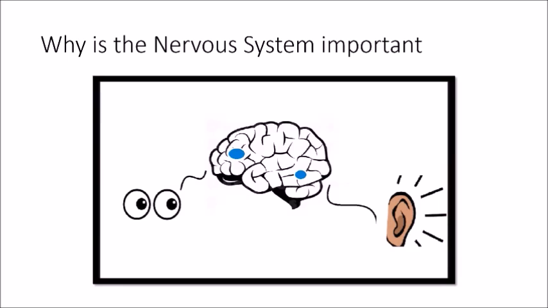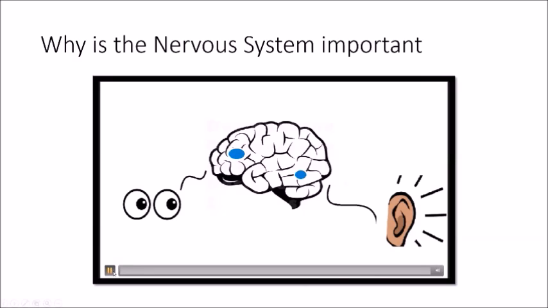It's going to use the information that the eyes sent to the brain, and process that to create a clear vision. And the same thing with the ears. It's going to take those different sounds and process that information. So for example, if someone was talking to you, it's going to process that sound, and it's going to help you understand the words that that person is saying.